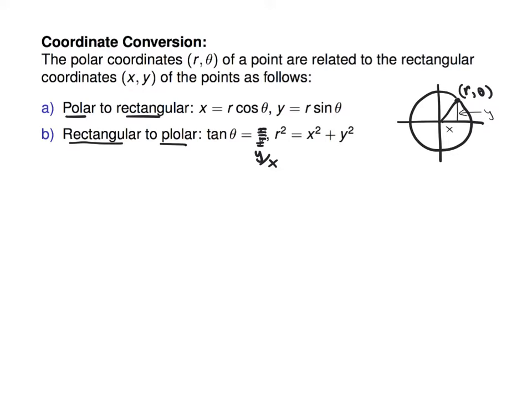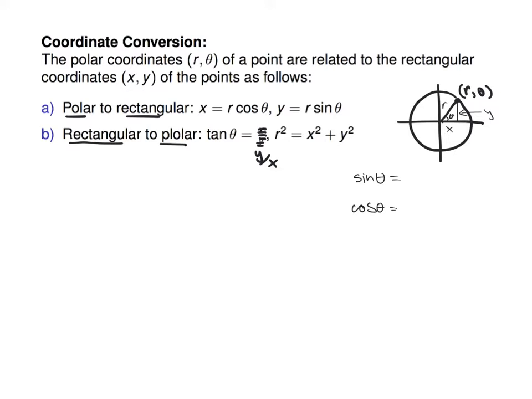Does that make sense? Now, using right triangle trigonometry, this is the angle theta. What is sine of theta? What is cosine of theta? Just with that right triangle. And what is the hypotenuse of said triangle?